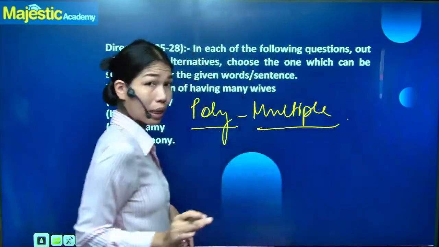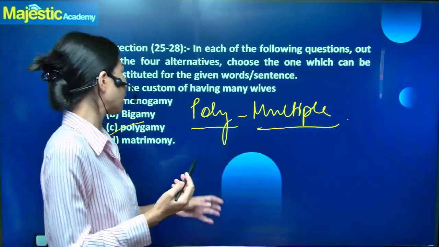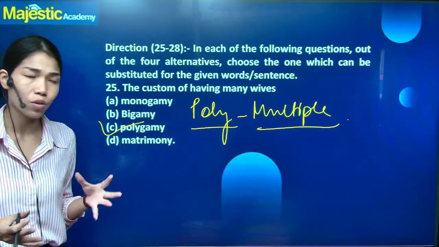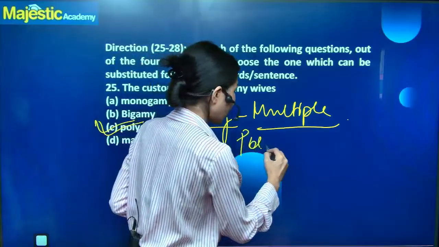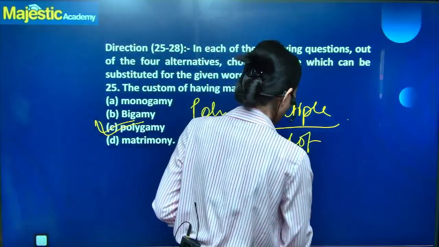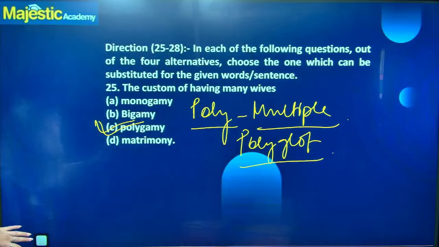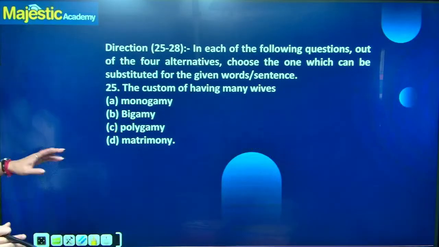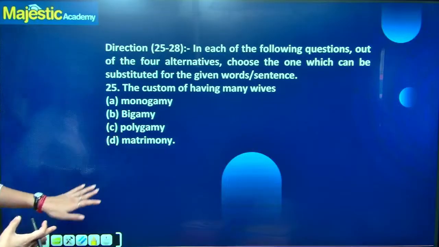Okay, so in this case your answer has to be polygamy. So the answer for the custom of having several wives or many wives is known as polygamy. Now from the same comes the word polyglot, a person who knows multiple languages. So poly means something which is multiple in nature. So wherever poly comes, if you are looking for a meaning of multiple, you can give your answer on the basis of that.